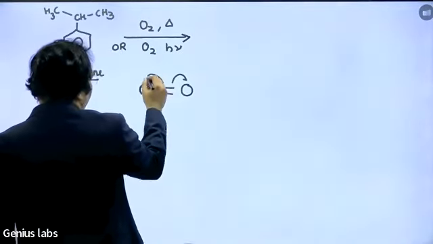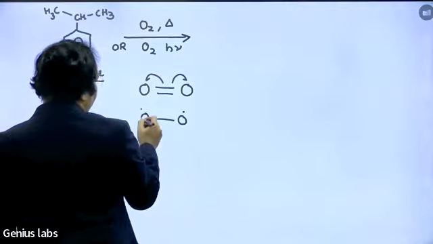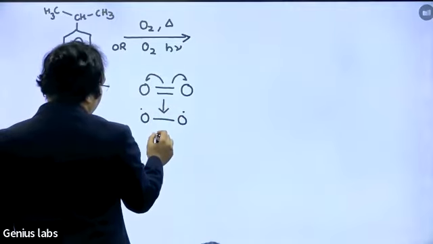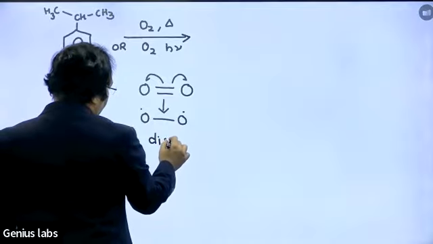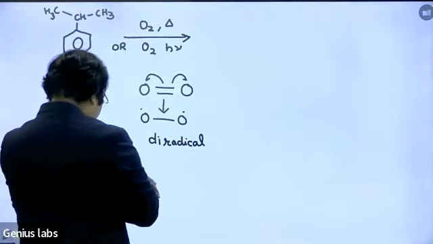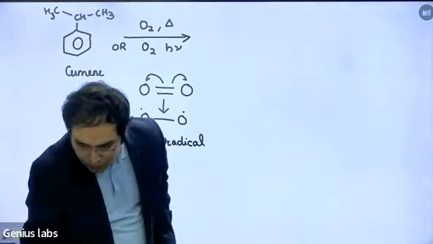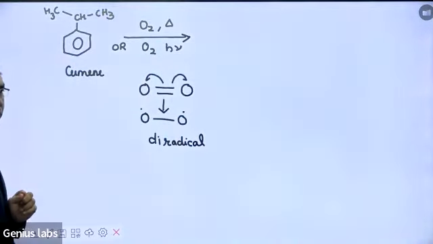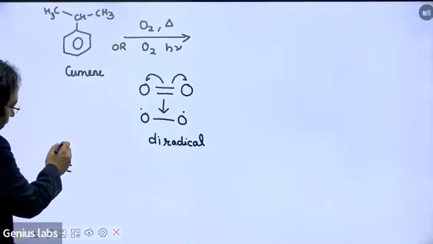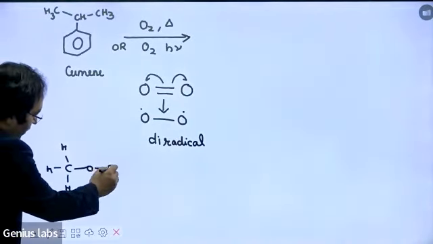So whenever oxygen and heat is given, basically you are going to break this bond and create a diradical. Note down. Diradical. Ether, if you recall this discussion, CH3, OCH3.